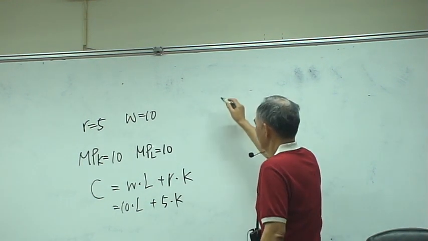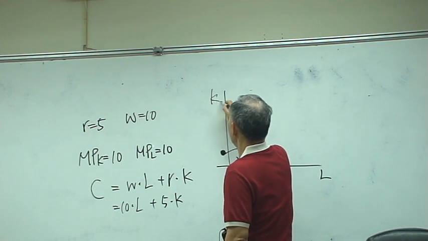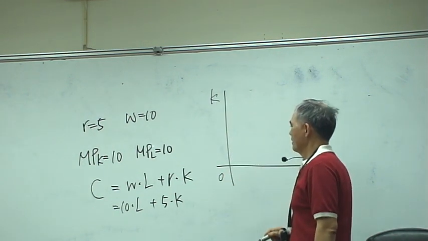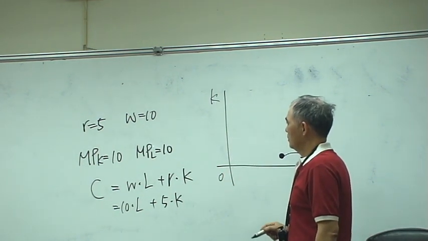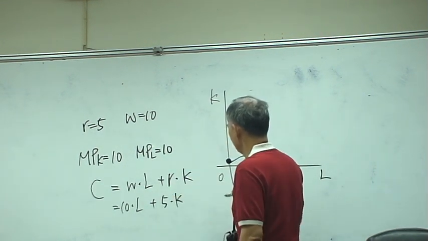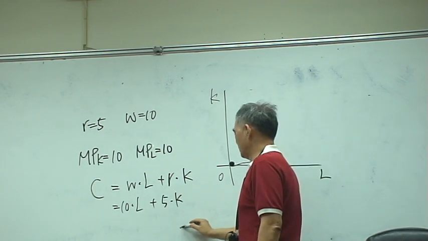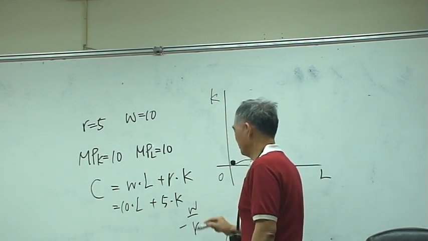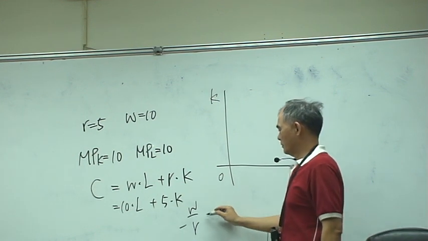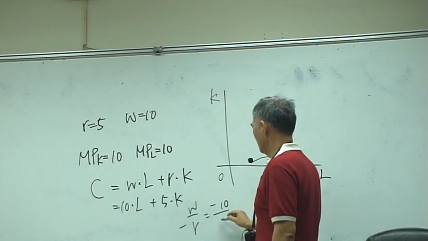Okay? So you have here it is L, here it is K. So the price of this, it is 10. So what is the slope? The slope is negative W over R, right? So it's negative 10 over 5.